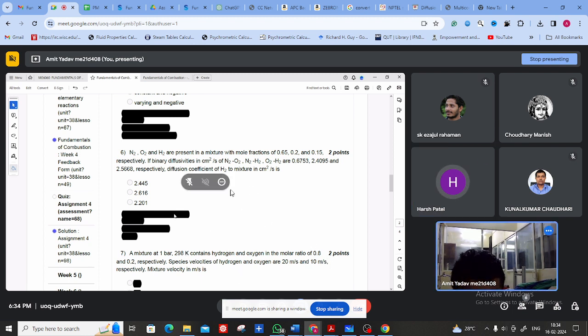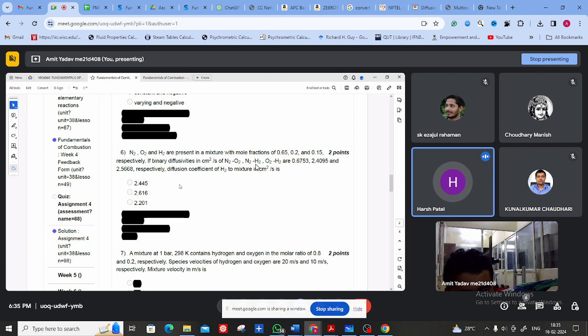We want to calculate the diffusion coefficient of H2. In the denominator, it is the summation of xj upon Dij, correct? Yes. So as we want to calculate for H2, we have to neglect the diffusivity for N2-O2. Yes, exactly.